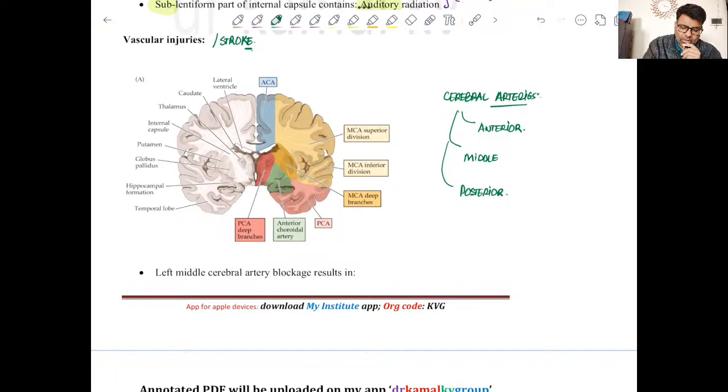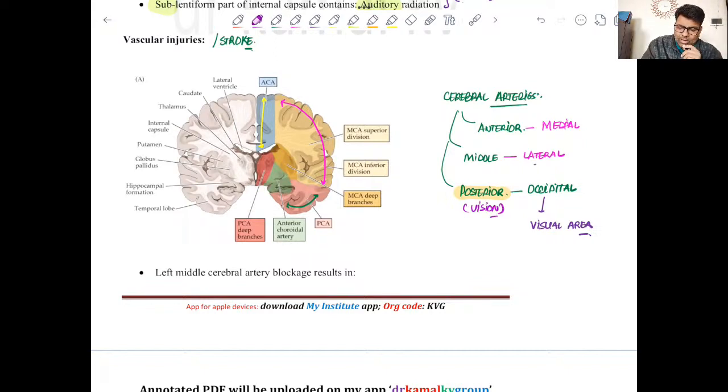Now the anterior one supplies the medial part of the brain mostly. The middle one supplies the lateral part of the brain. So anterior, medial; middle, lateral; and posterior supplies the occipital lobe. And we know that in the occipital lobe there is the visual cortex. So posterior is usually related to vision. You can write it like this.